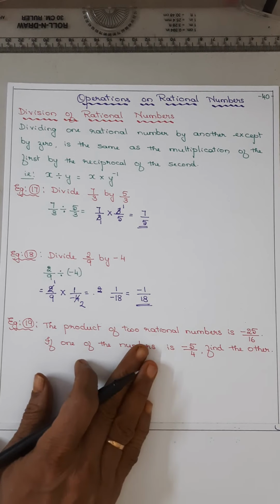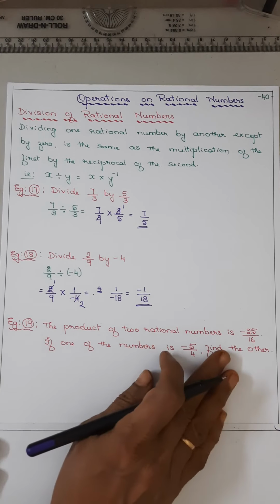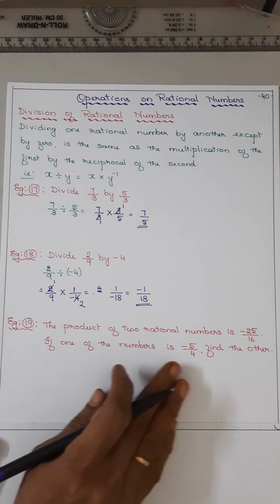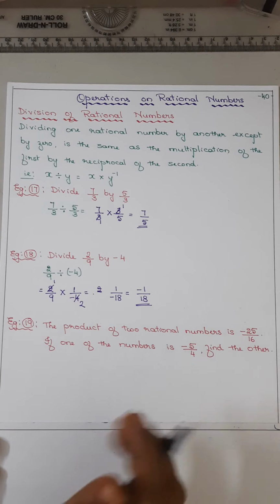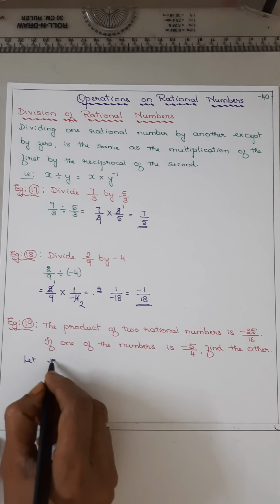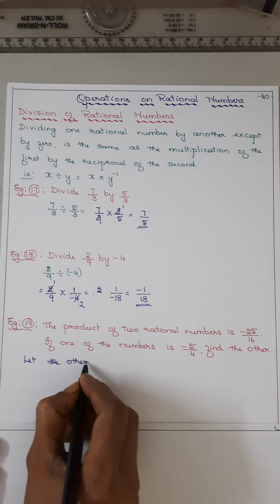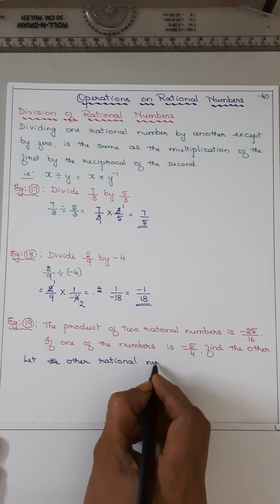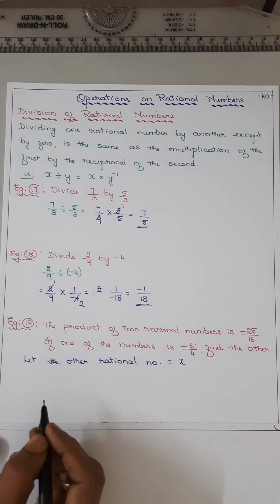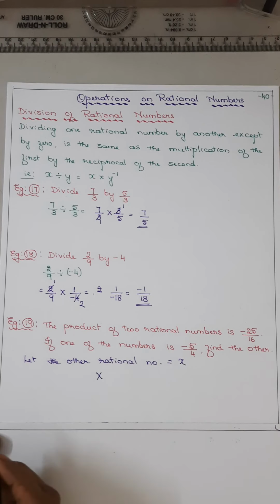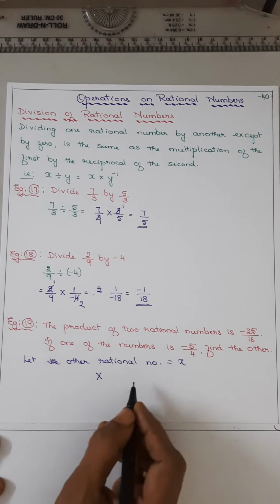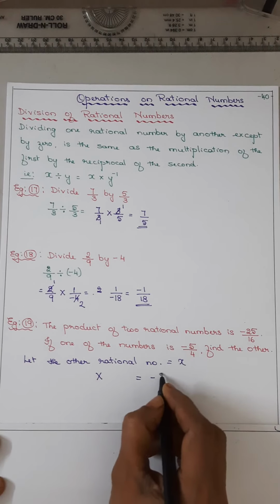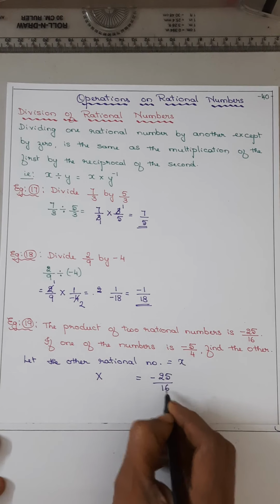The product of two rational numbers is -25 by 16. If one of the numbers is -5 by 4, find the other. So let the other rational number be x. So the product, the multiplication of two rational numbers, is -25 by 16.